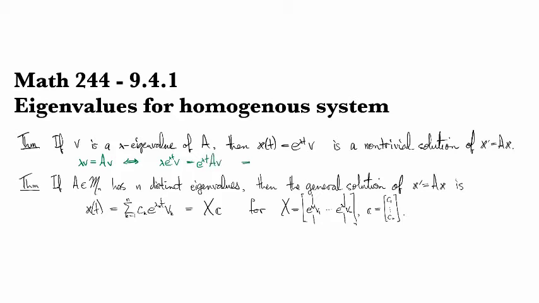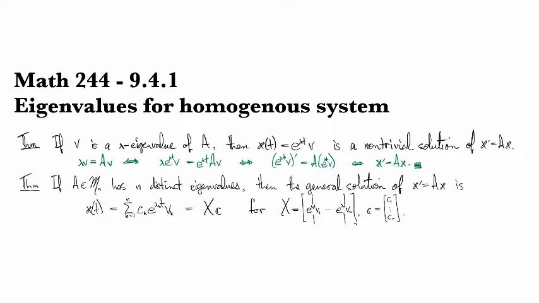I can rewrite the one on the left hand side as the derivative of e to the lambda t v, and I can rewrite the one on the right hand side as A times e to the lambda t v, because lambda is a scalar, so I can put it anywhere I want. And that's exactly x prime equals Ax for an x of this form.